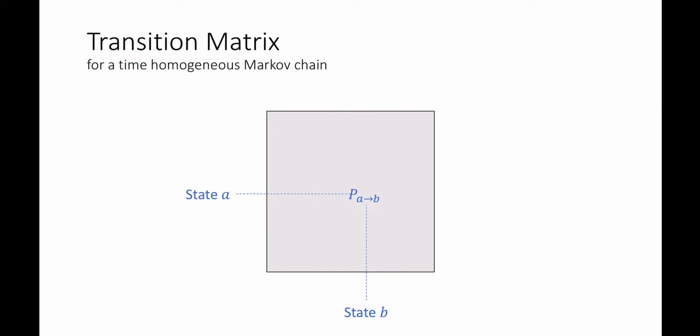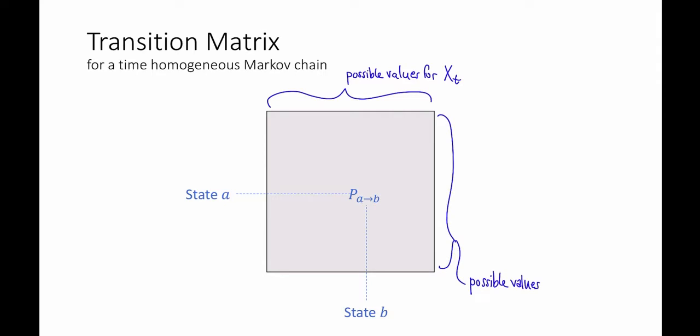This is a square matrix where both the columns and the rows are indexed by possible values for the random variables xt. The entry that goes in the row indexed by some value a and the column indexed by some value b is just going to be the transition probability from a to b.